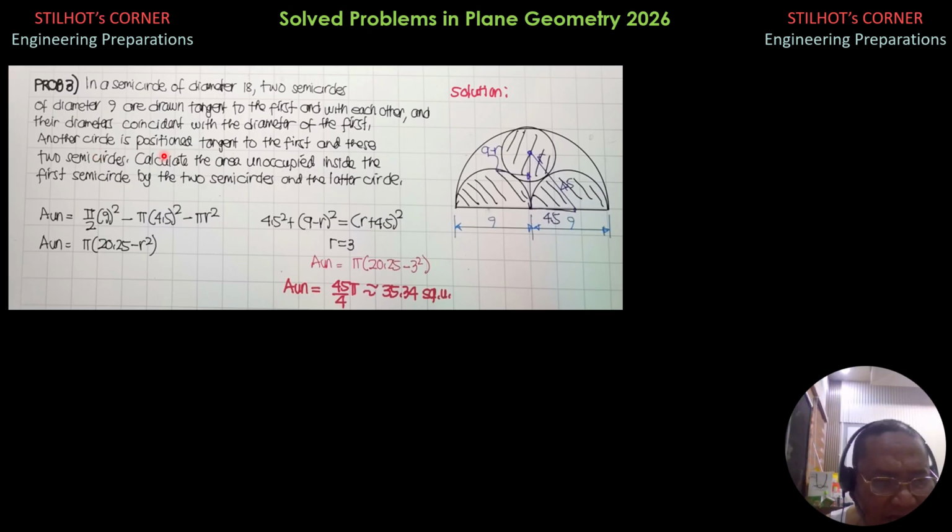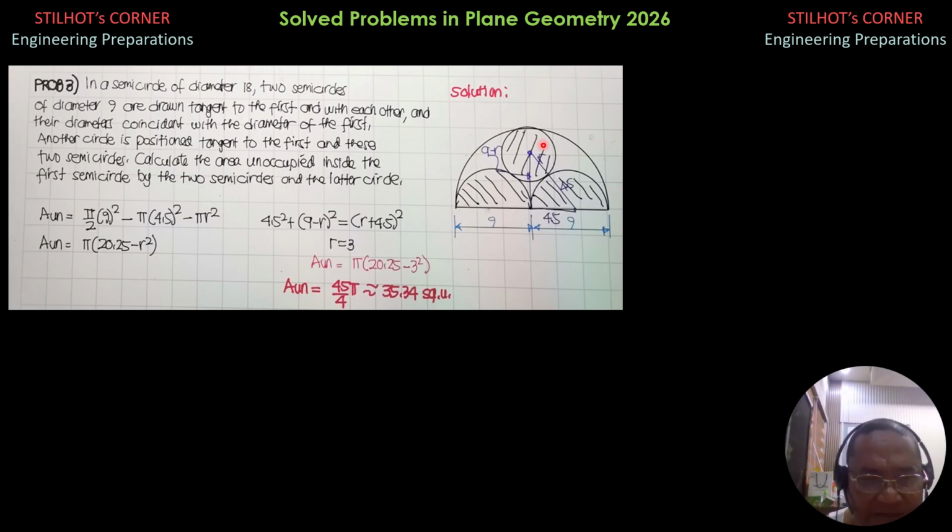Another circle is positioned tangent to the first and these two semicircles. So you have to picture out the statement of this problem. This is the figure. You have to draw this. I will not give you this figure, although in the original problem it is given, but you have to describe the problem so that you can draw the figure.